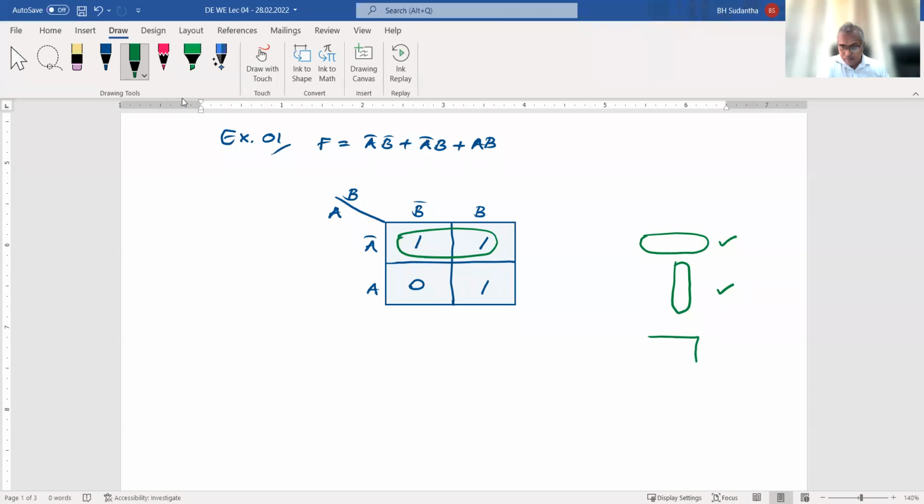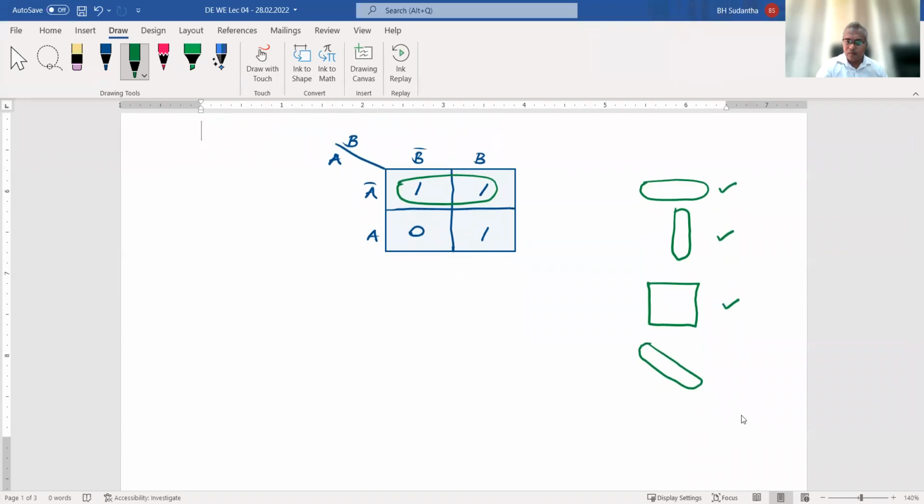Squares or rectangles are okay. But diagonal groups, like that, are not allowed.